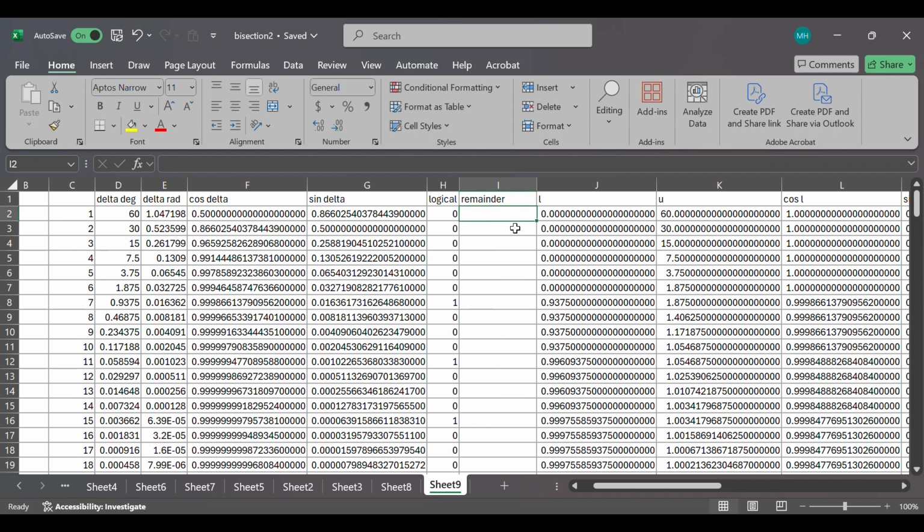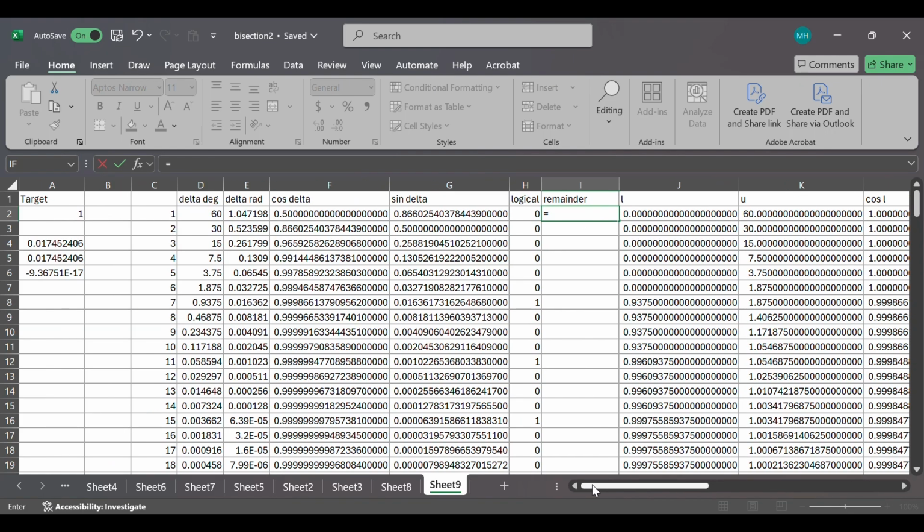The target's in cell A2 off to the left. And then it looks at the logic and it says, well, if the logic is 0, we're not doing anything to the remainder. But if it's 1, we're decrementing the remainder by the delta degree.